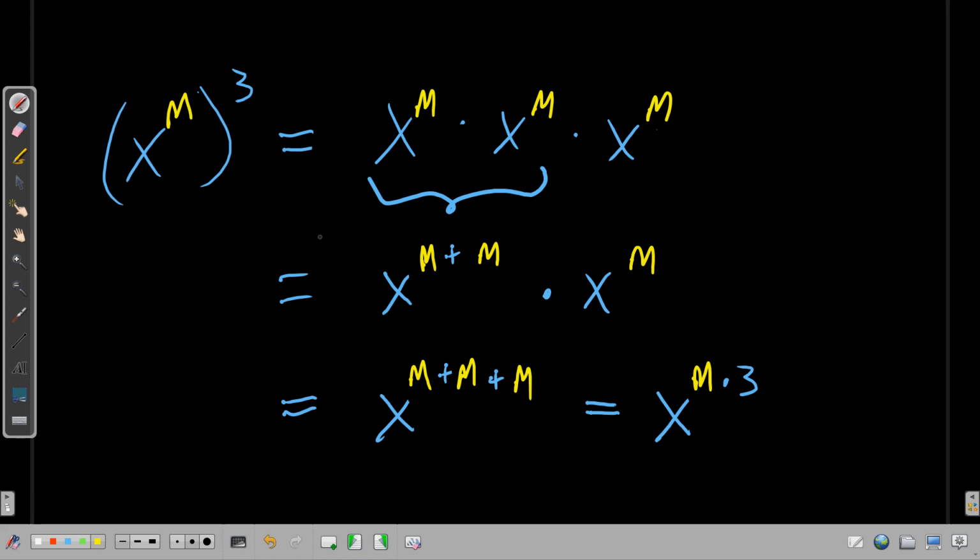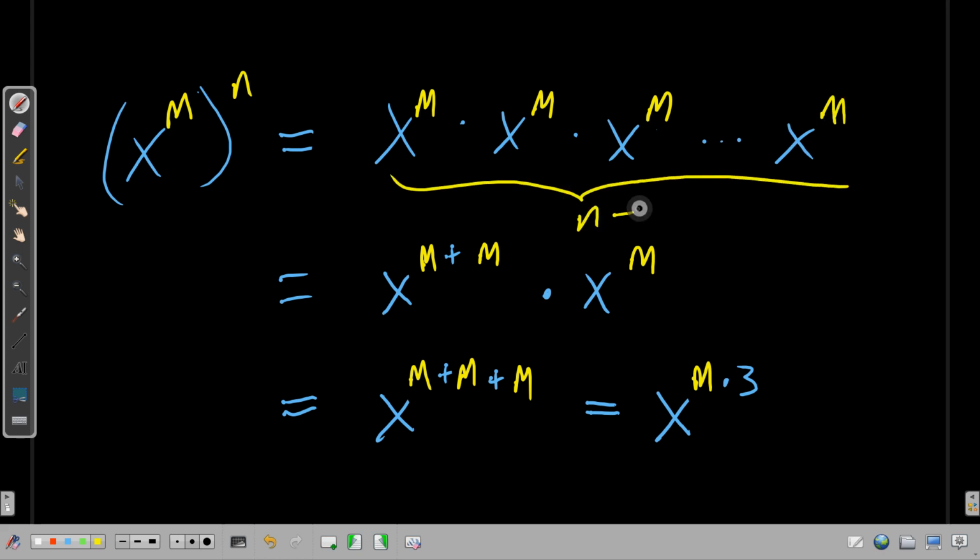Well then, what's to keep me from replacing this 3 with an n? Well, the only thing keeping you from doing that is you would have to put these dots and then indicate that you have n many of these.